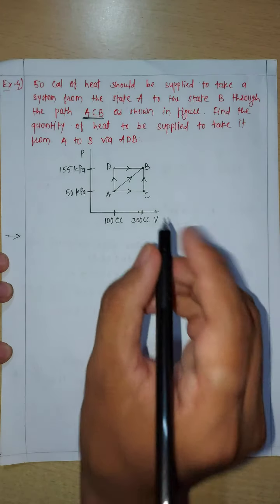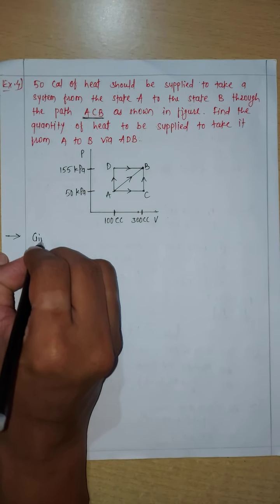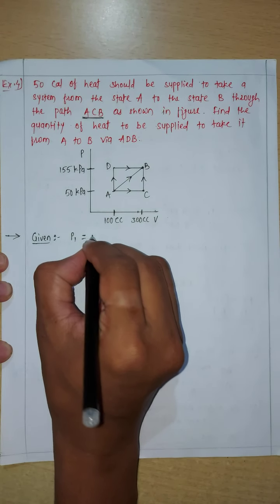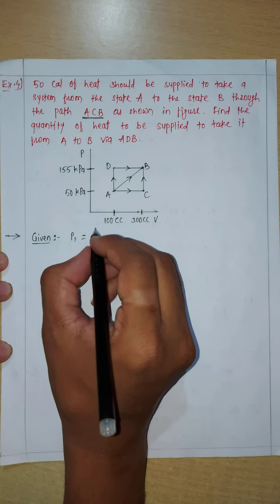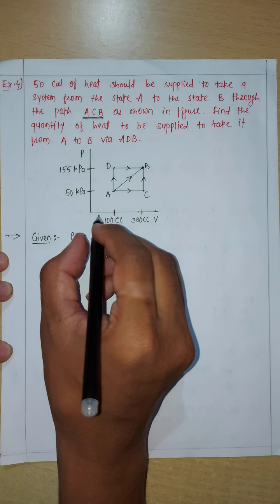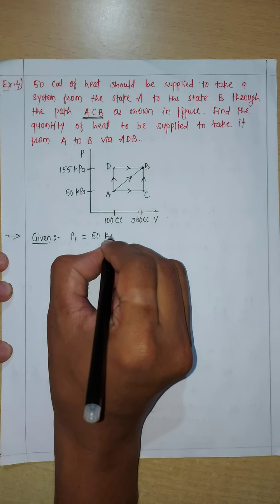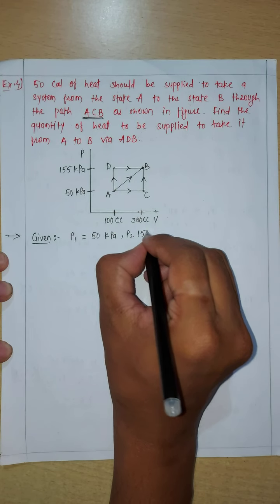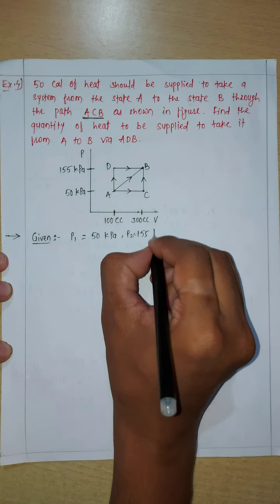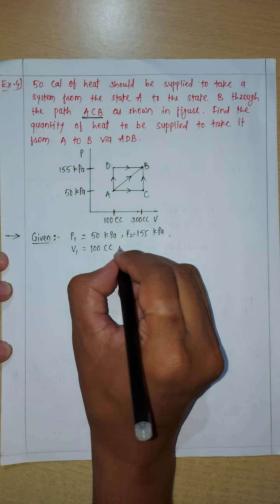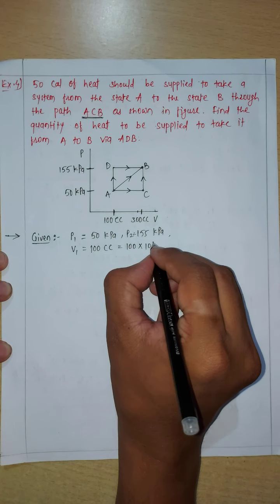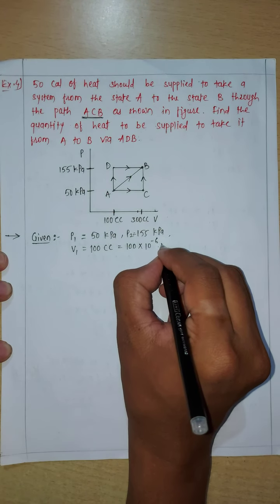So we should write the given data: P1 is 50 kilopascal, P2 is 155 kilopascal, volume V1 is 100 cubic centimeter, that means 100 into 10 to the power minus 6 meter cube.